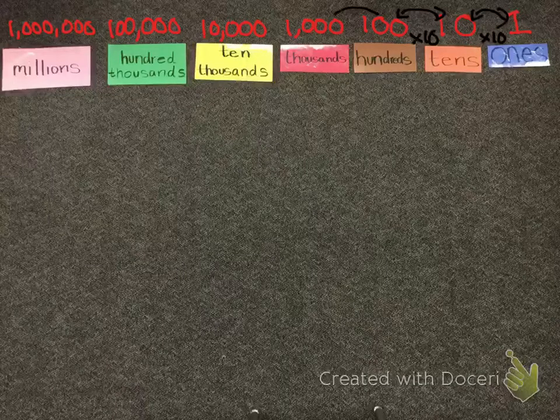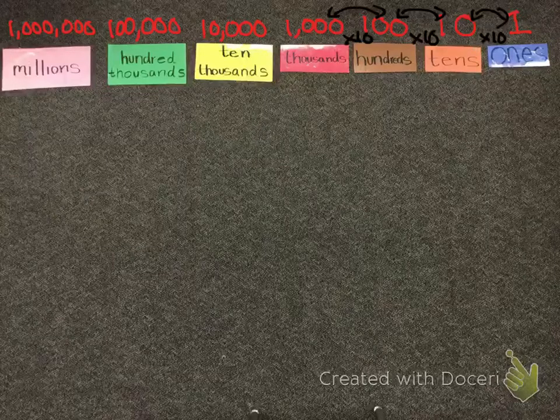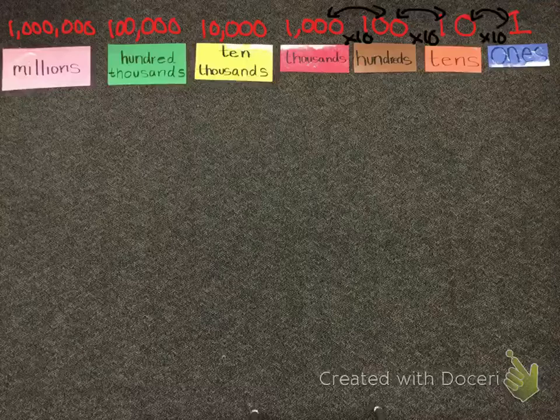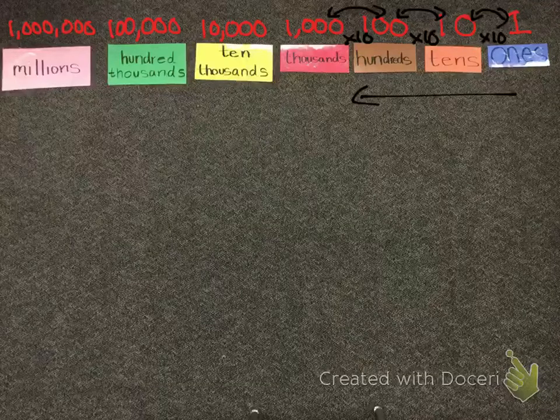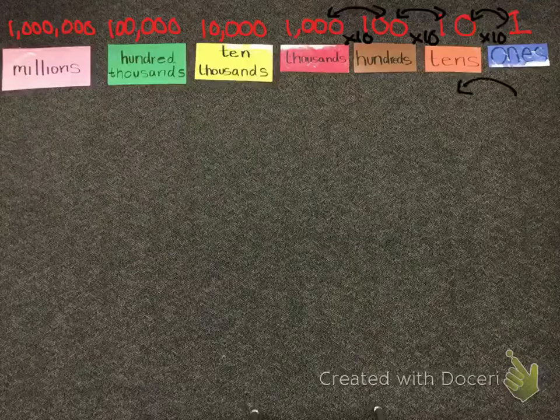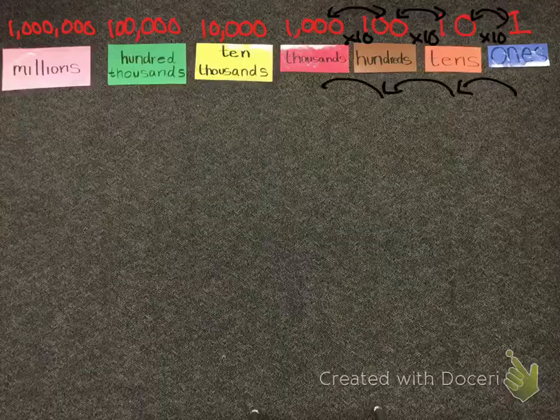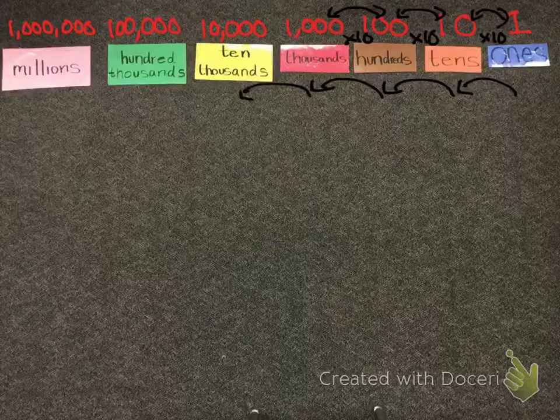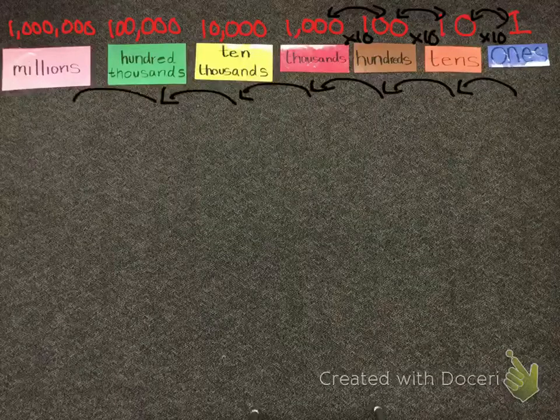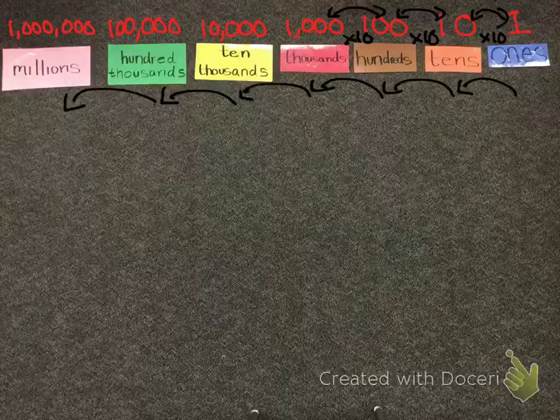From our hundreds to our thousands, it's growing 10 times, and so on, okay? So, knowing when we bundle, we're moving over to the left. When we multiply by 10, we're moving over to the next place value, to the next place value, and so on, okay? Times 10.